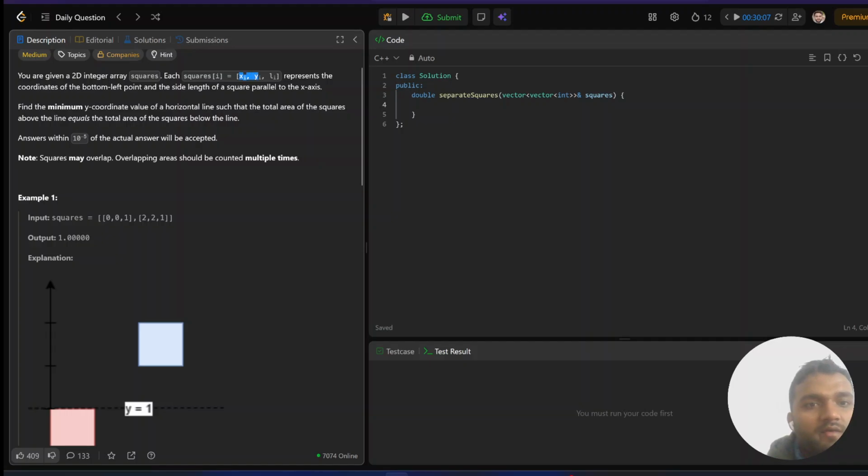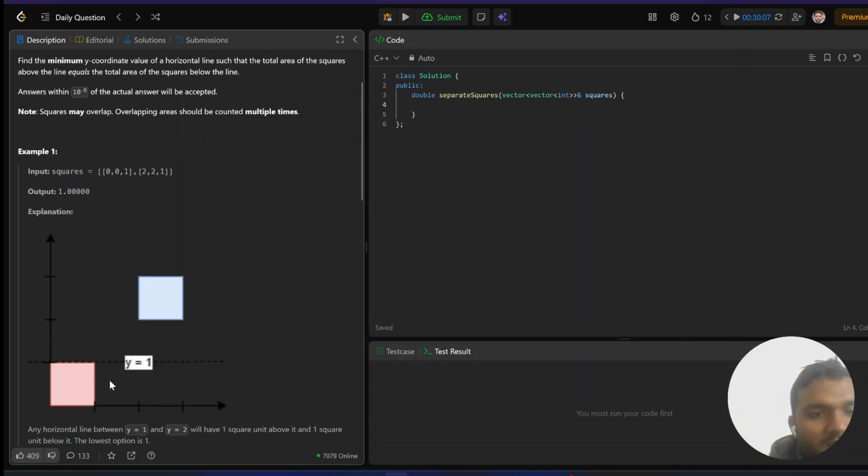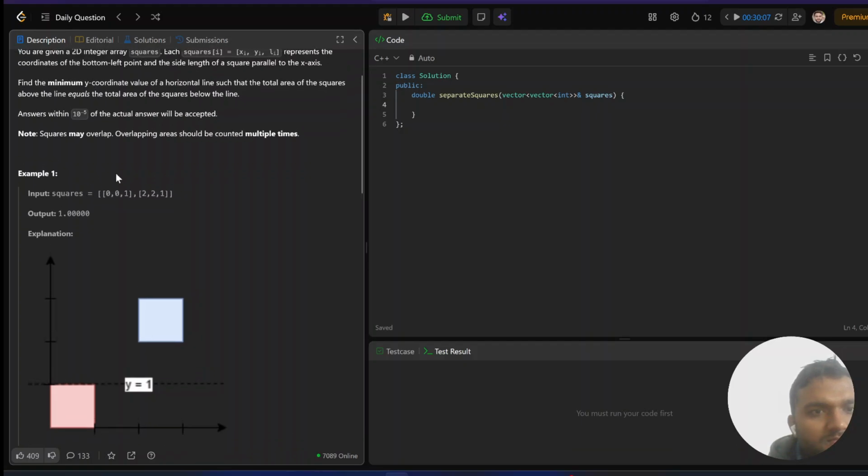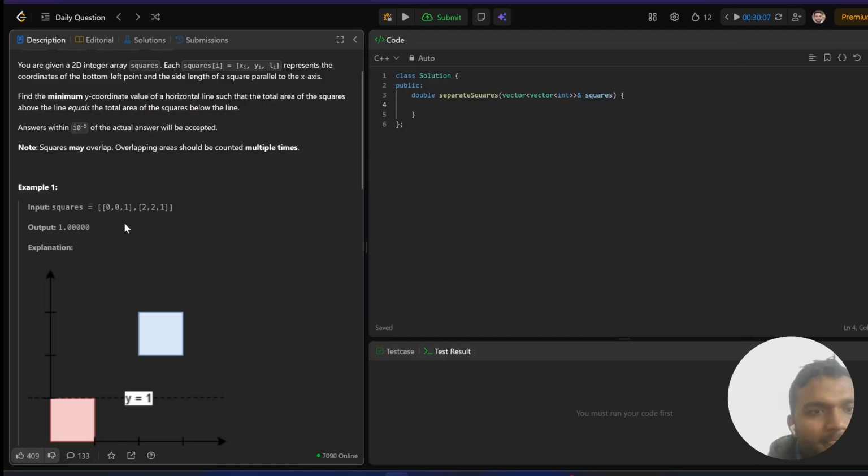This xi and yi represent the bottom left point coordinate, as here 0, 0, 1. That means our square is at 0, 0, and 1 is the length. Then why are there 2 points?